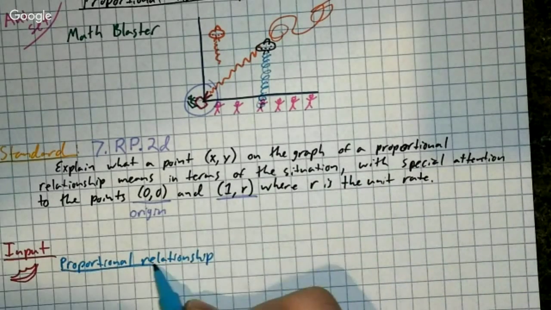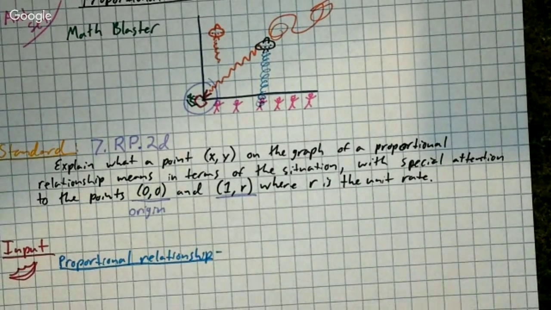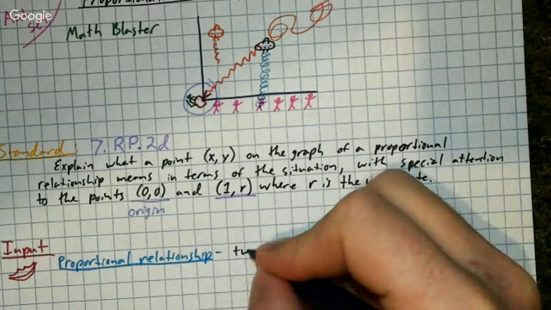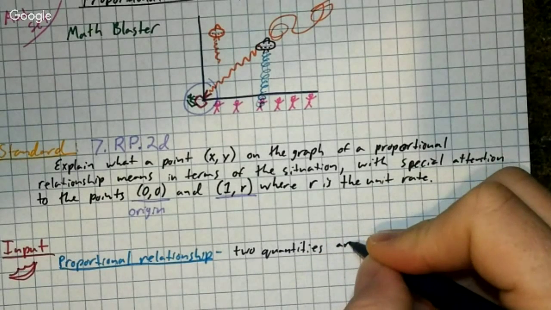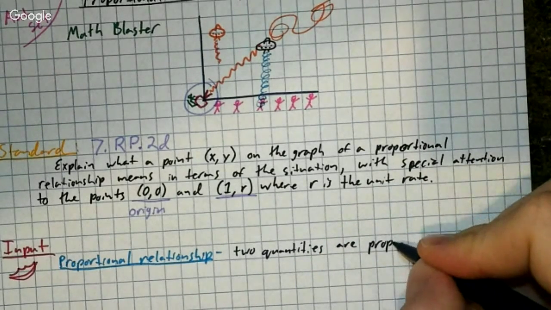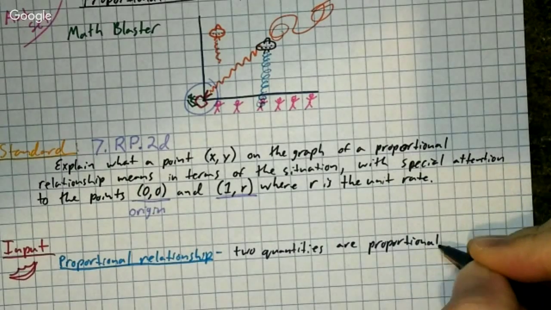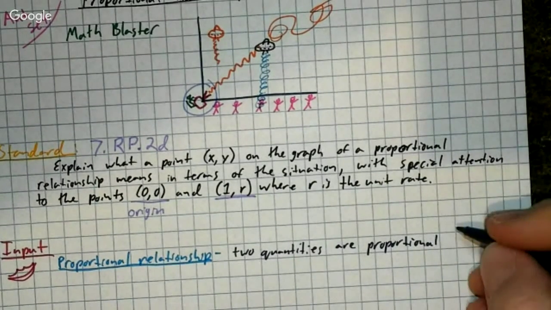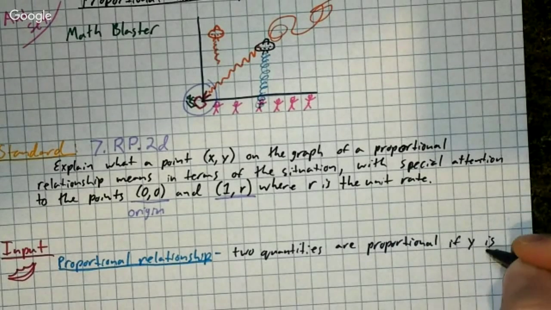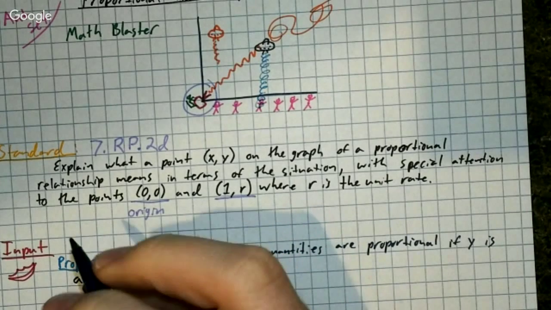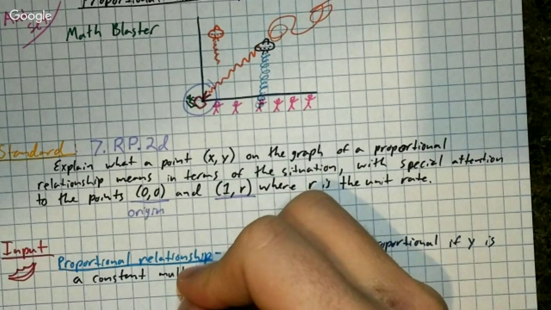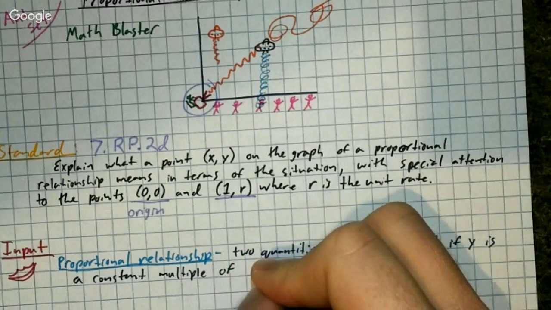A proportional relationship. And what is a proportional relationship? Well, said this way, two quantities are proportional if y is a constant multiple of x.